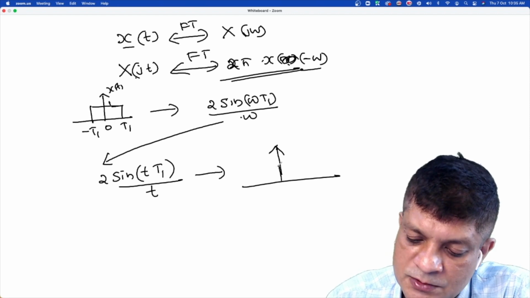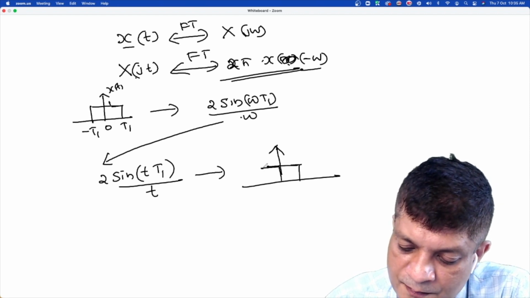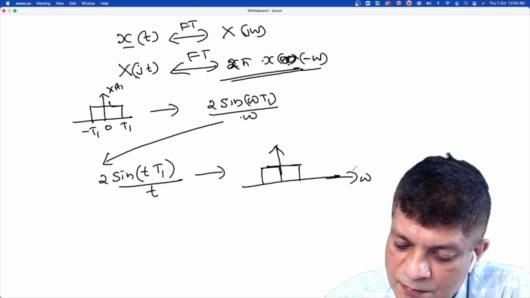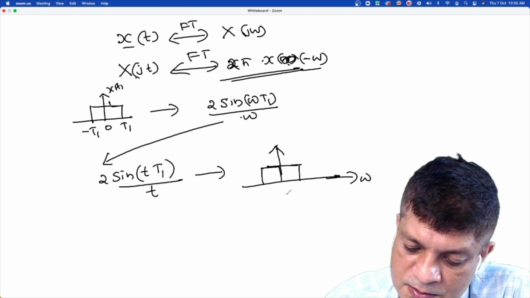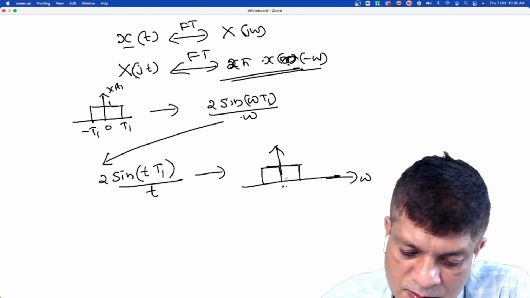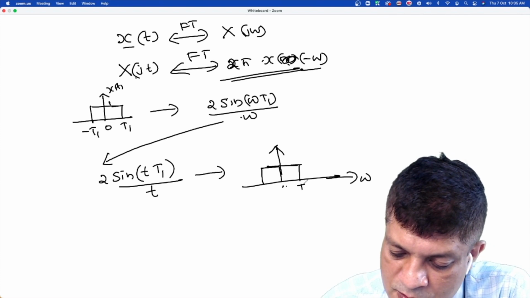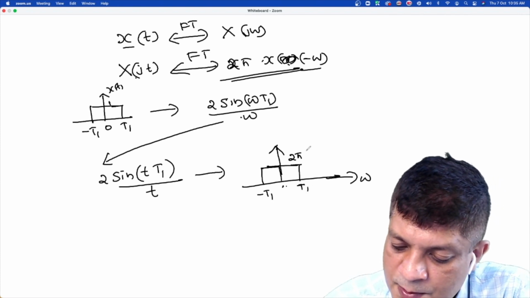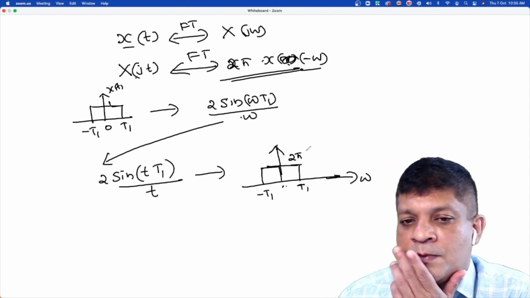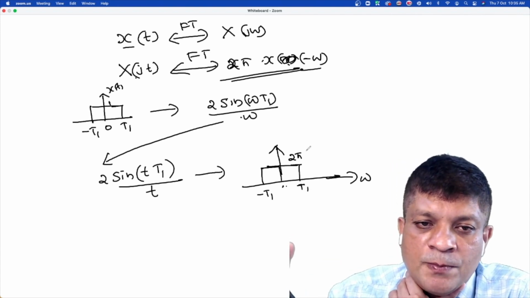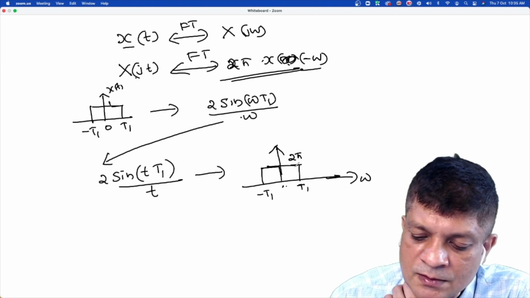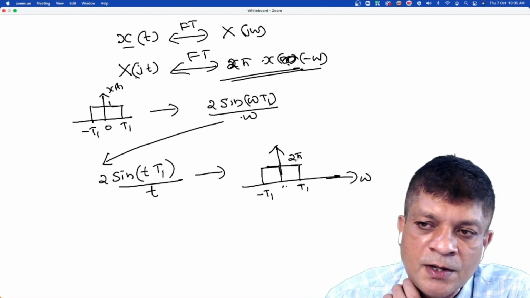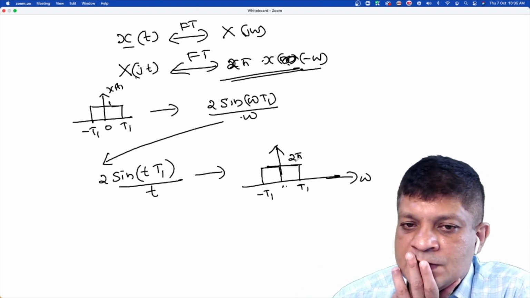X of minus omega, is it this? This is a function of omega, and this is 0, this is t1, minus t1, and there is 2 pi. Is it the duality property? There is a flipping operation. Since this is an even function, even if you flip that, you will get the same signal. Is it?